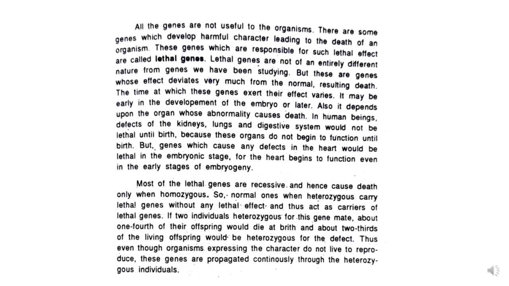It may be early in the development of the embryo or later, and it also depends on the organ whose abnormality causes death. In human beings, for example, defects of kidneys, lungs, and digestive system result in lethal conditions and sometimes death, because these organs do not begin to function until birth.